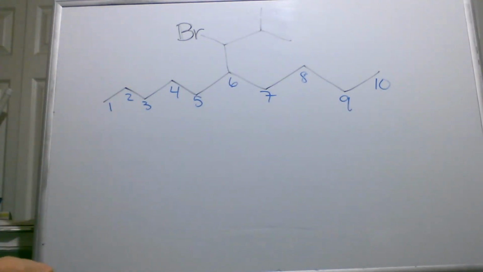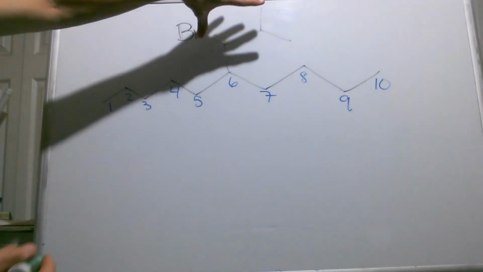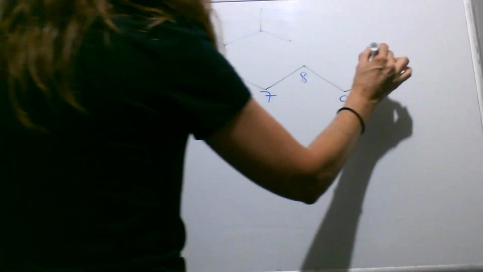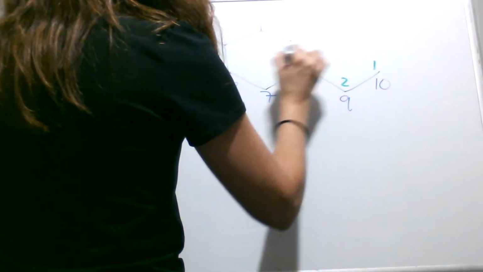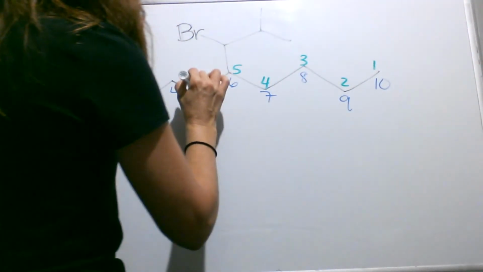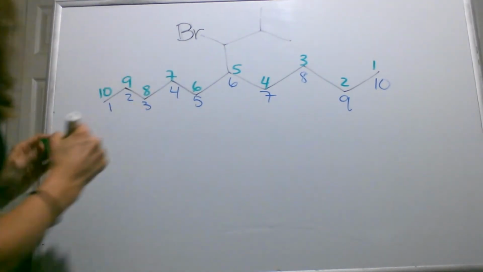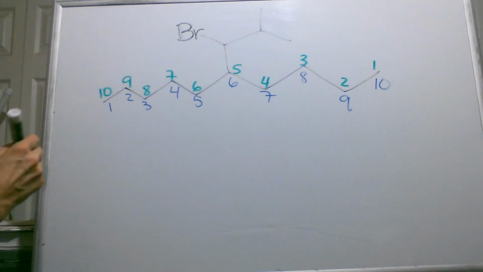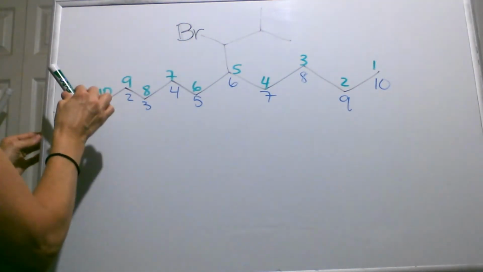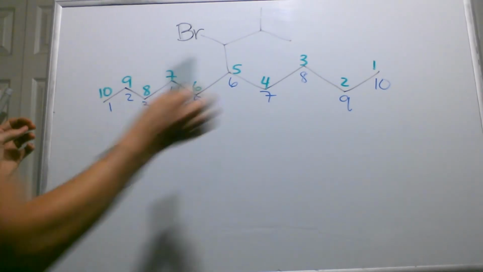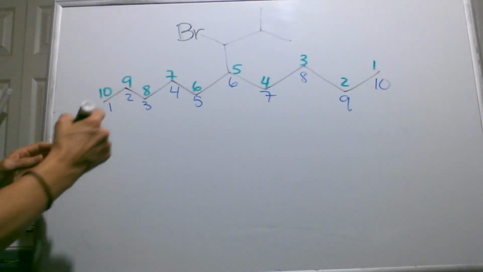But the other thing we need to identify is this one substituent right now with the blue numbering is on carbon 6. We have to see if we number in the opposite direction, if we end up with a lower carbon number. And in fact, when we number in the opposite direction, the green numbering gives us the substituent at carbon 5, so it's the green numbering that we're going to use.